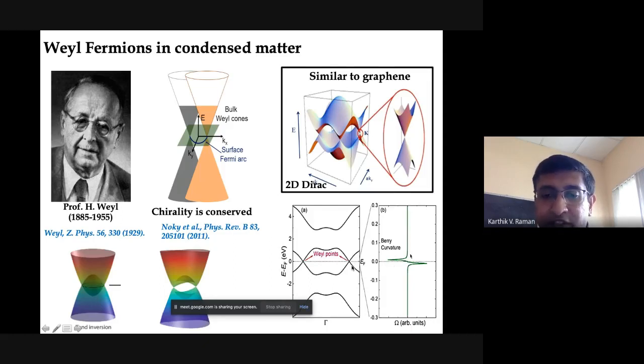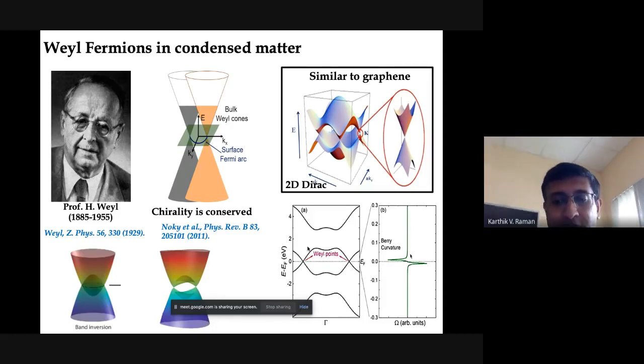That is again an indication that you essentially have created non-trivial electronic responses around these points. And these excitations are nothing but Weyl excitations, which is driven from the concepts of high energy physics.